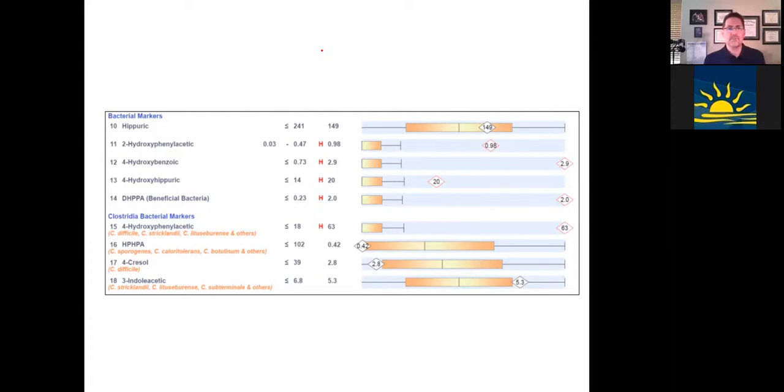So as far as the mold marker on the food sensitivity test compared to the organic acid test, the food sensitivity test is looking at IgG antibody. Because we hear about antibody reactions now with regards to viruses, for example, like COVID, right? So when you have an exposure to something over time, your immune system will produce an antibody against that pathogen, against that agent.